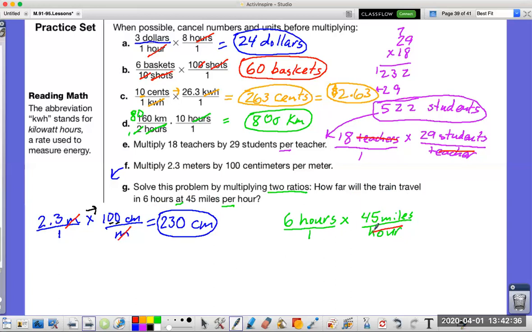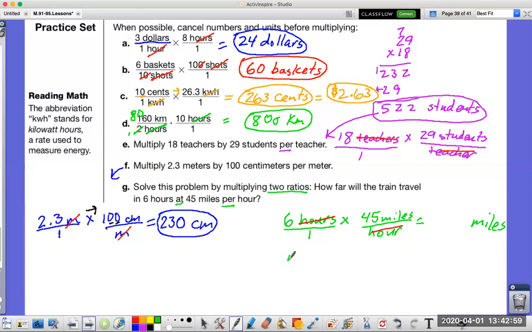Now I just need to cancel this out and cancel this out because these are the same units. And all I'm left with in this case is miles. So that means I'm on the right track, because the question itself says, how far will the train travel? So we're looking for miles in this one, and it's 6 times 45 divided by 1.